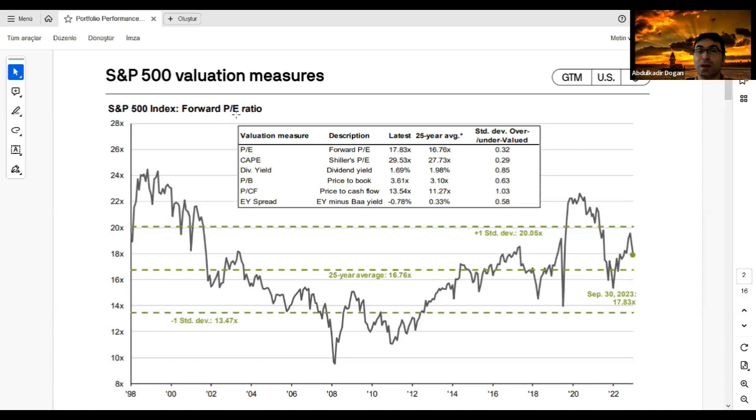So if the price earnings ratio is higher than its average, this means that this company today is expensive. Okay, if you look at the middle dashed line in green here, the 25-year average for the price earnings ratio in the S&P 500 is around 16.76.